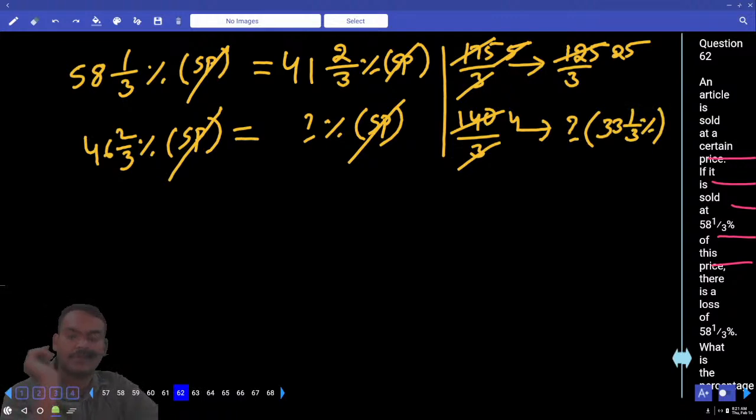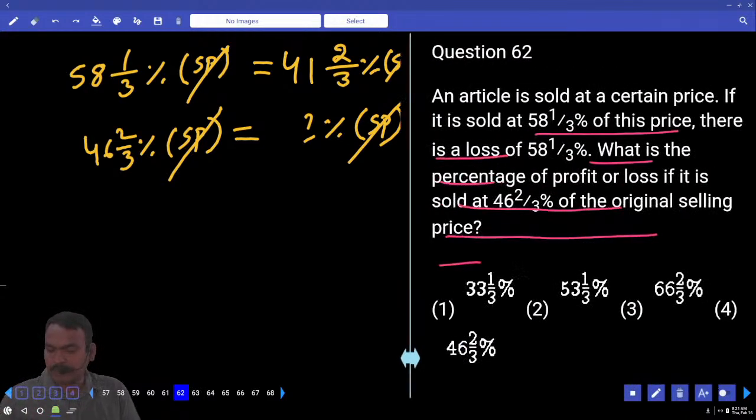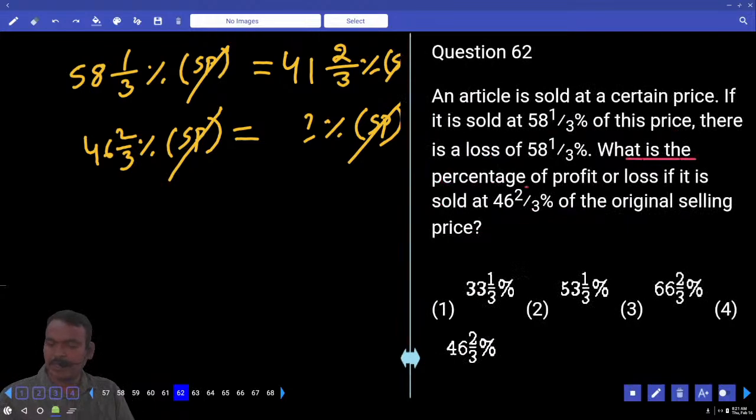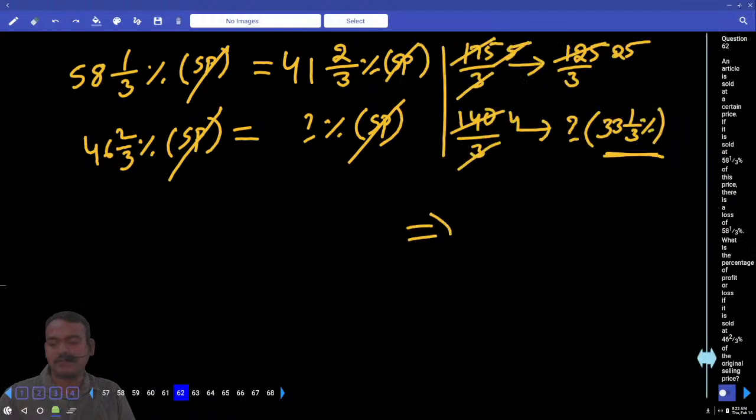33 1/3%. 4 into 25, 100 by 3 means we are getting 100 by 3, 33 1/3%. That is the selling price, or not? What is the question here? Loss or profit? What is the percentage of profit or loss? How much percent loss? 66 2/3% loss.